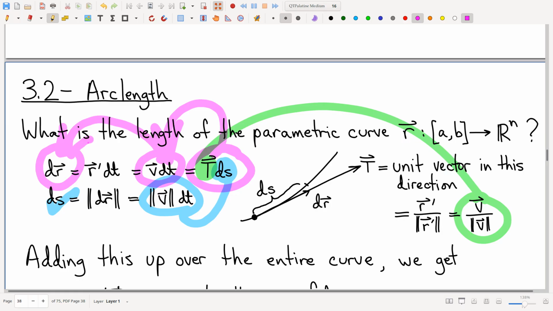So if you want to just rely on the algebra, then there's some algebra that makes it work. But I kind of prefer the direction and magnitude point of view.